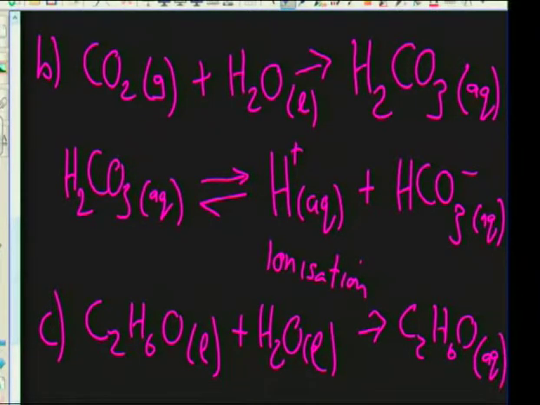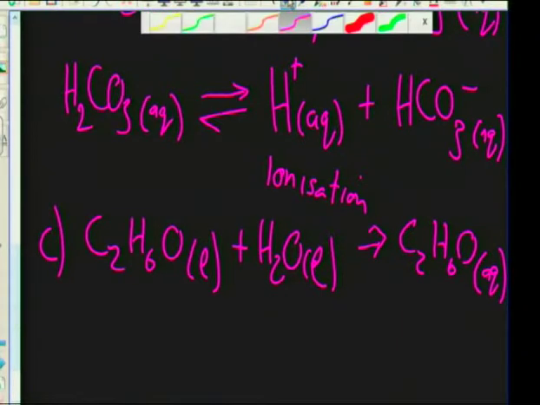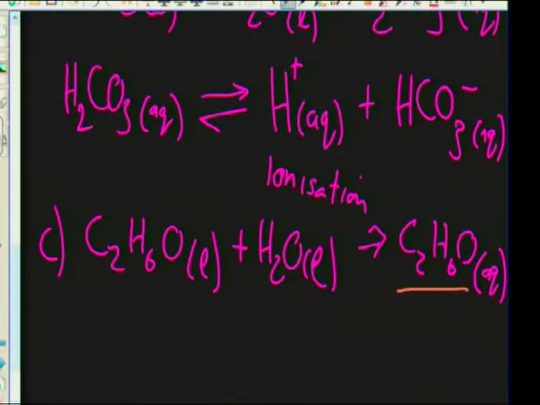There's no chemical reaction. There's no ionization here. The bonds inside of the ethanol are too strong to break apart, and there's very little ionization, but it does dissolve. So the water is sometimes not even included in that reaction. We're just saying that it goes from a liquid to an aqueous solution.